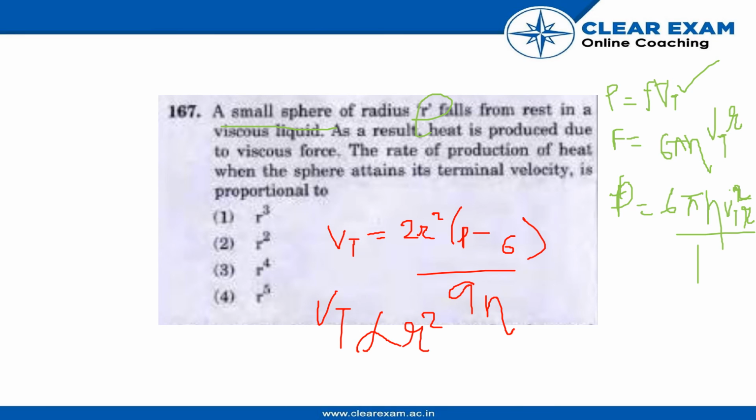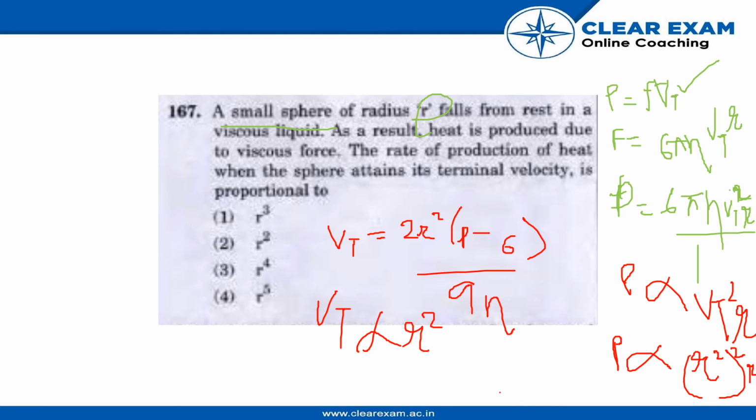So from this equation we can see that P was directly proportional to v_t squared into r. So if we replace it, P is directly proportional to r squared power 2 into r. So P is directly proportional to r to the power 5. So our answer is option 4.